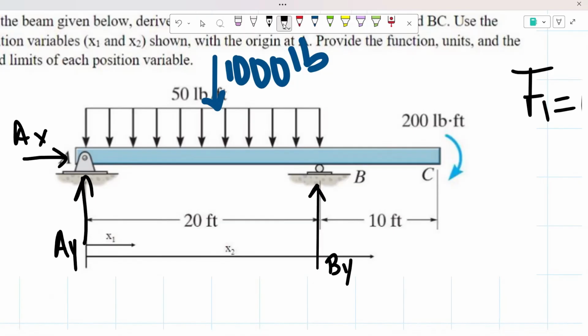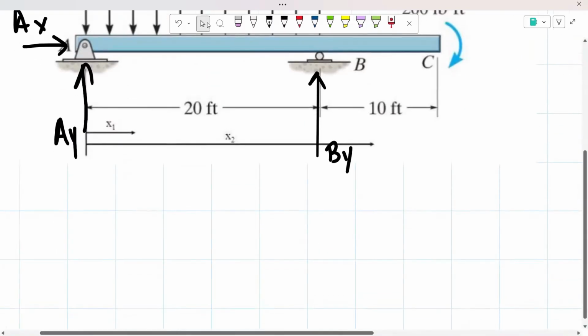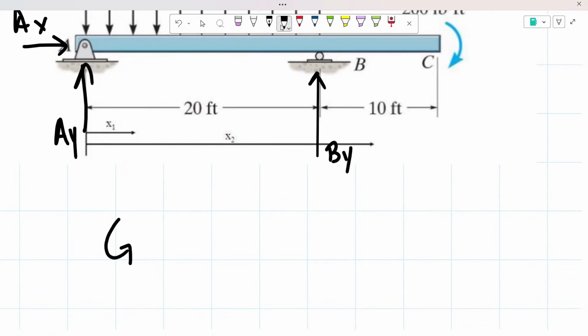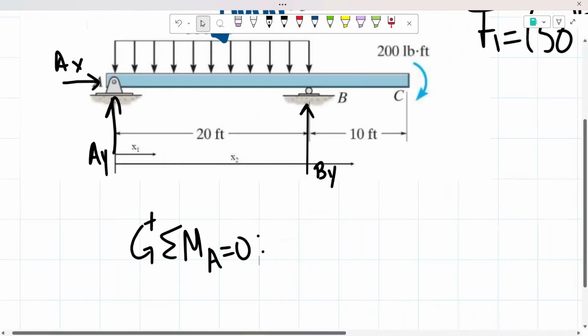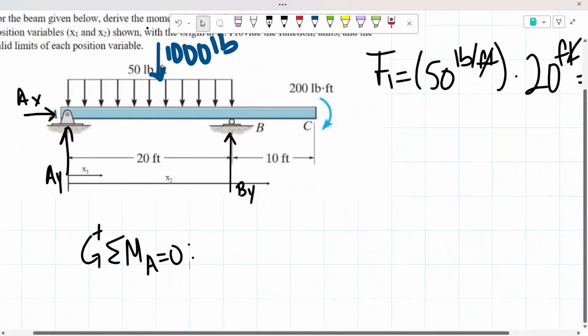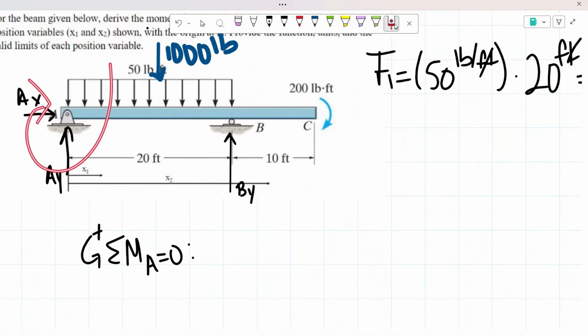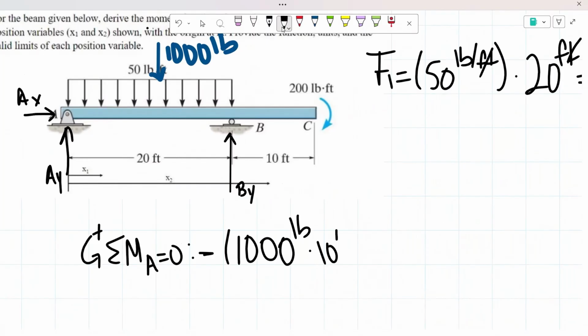To solve for our reactions, I'm going to take the sum of the moments at point A to solve for my B sub y, since by doing that, my reactions at A will not be creating a moment. With counterclockwise positive, the sum of the moments about point A has to equal 0. We have my 1,000-pound concentrated force acting downwards, which creates a clockwise moment, meaning a negative moment, with a force of 1,000 pounds times 10 feet.